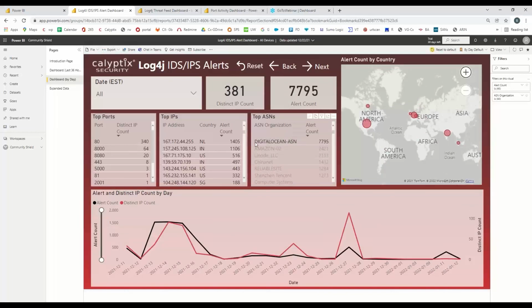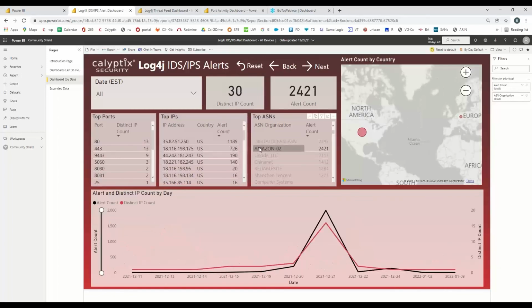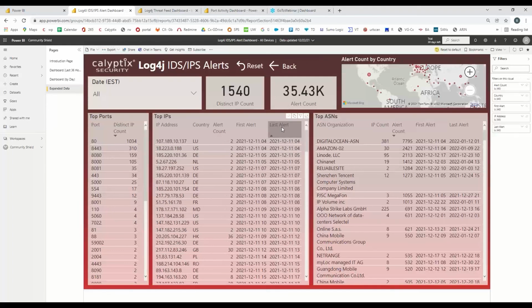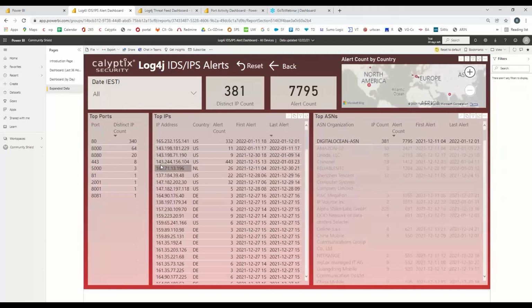Remember these numbers: 381 for DigitalOcean, Amazon 30. And when you look at it on an expanded basis, you could look at a first IP and look at the most recent data points. So these IPs are coming in active today, and so forth.